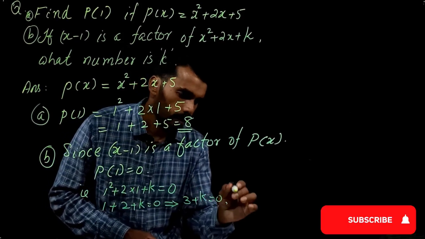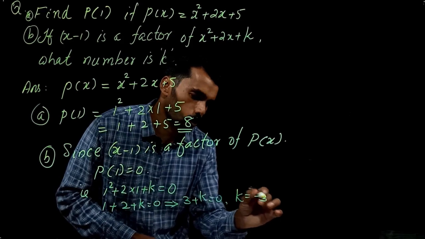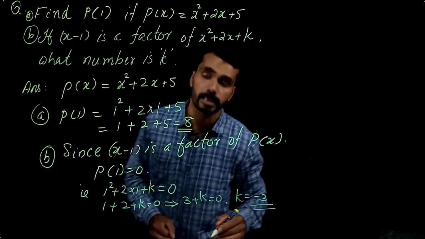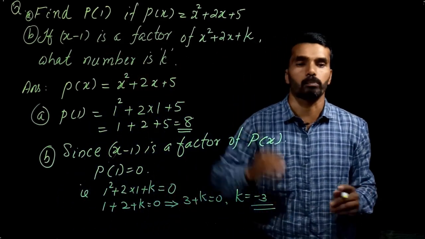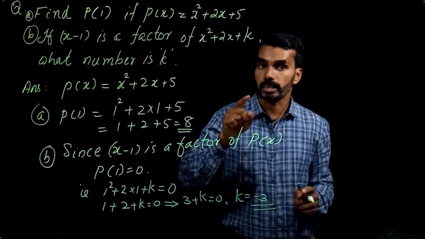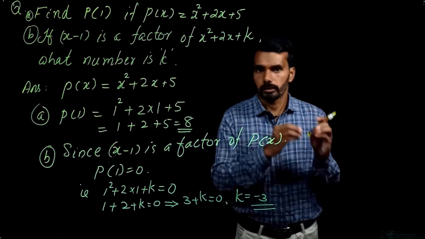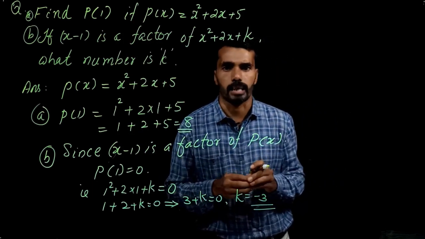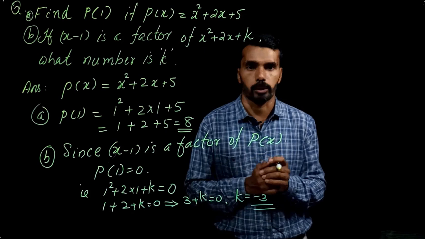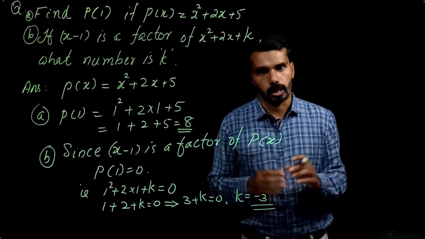That is k is equal to minus 3. So the value of k is minus 3 if x minus 1 is a factor. ഇവിടെ നമ്മൾ ഓർക്കേണ്ടത് x minus a എന്ന് പറയുന്ന ഫസ്റ്റ് ഡിഗ്രി പോളിനോമിയൽ p of x ൻ്റെ ഒരു ഫാക്ടർ ആണെങ്കിൽ p of a 0 ആയിരിക്കും. ആ റിസൾട്ടാണ് നമ്മൾ ഇവിടെ k യുടെ വാല്യൂ കാണാൻ ഉപയോഗിക്കുന്നത്.